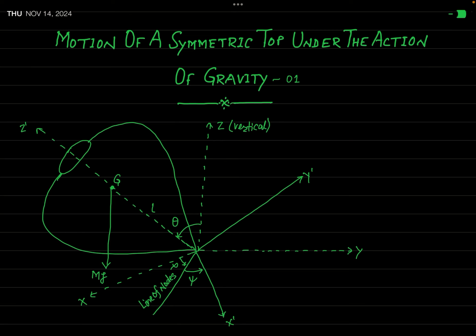Okay, and we have to discuss its motion in the present problem. So now let us see this figure. I have drawn here the theoretical figure for understanding the concept of motion of symmetric top under gravity. Okay, and so you can see we consider a spinning symmetrical top in uniform gravitational field. It means the acceleration due to gravity is constant here.